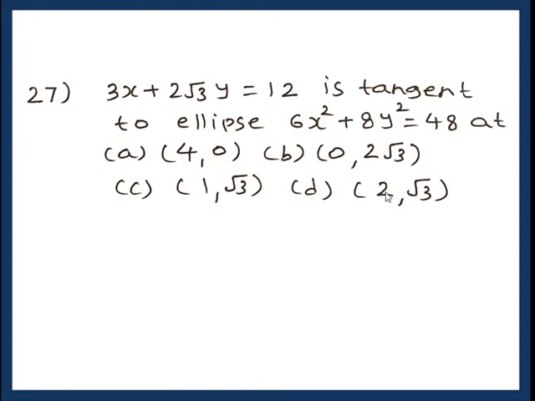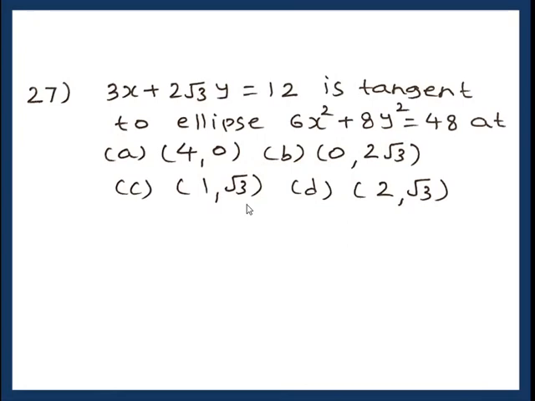But even if you do not know any of these things, you can solve this sum. See, 3x plus 2 root 3y is 12 is tangent to the ellipse. At which point? This is the simplest one. See, 4, 0 or this one or this one or this one will be point of contact if it lies on both.